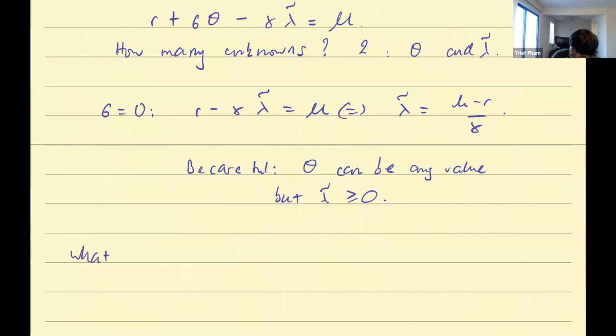What characterizes a Brownian motion? And also, what characterizes a Poisson process?